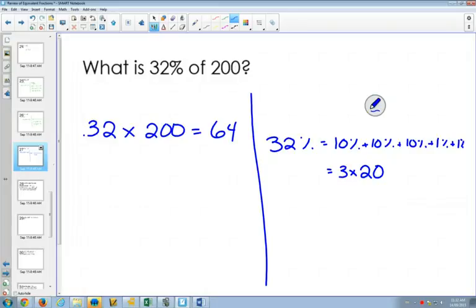Or would you like me to write 20 plus 20 plus 20 under each 10? Well, that's what makes most sense for you. Because there's 3 10%, so I went 3 times 20, because 10% was 20. And there's 2 1%, and 1% would be moving that decimal over twice, which is 2. 3 times 20 is 60, 2 times 2 is 4, 60 plus 4 is 64.